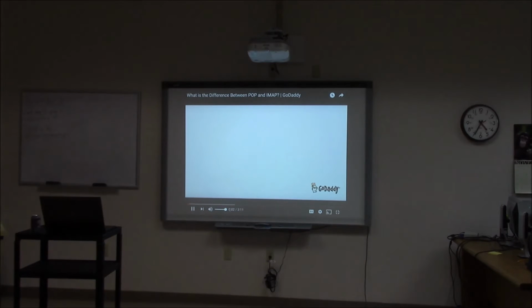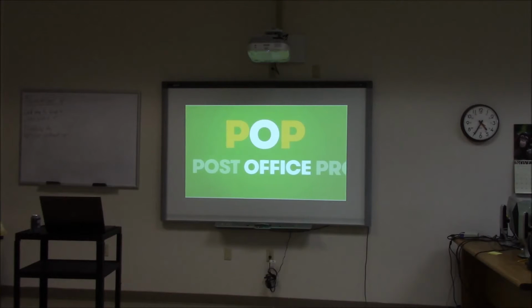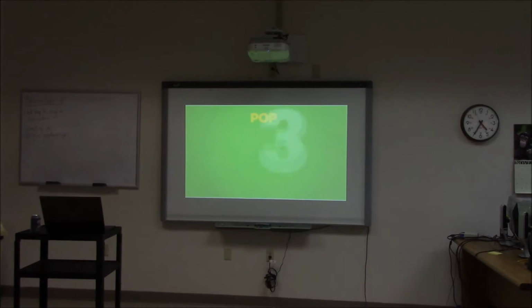Hi there. In this video, you'll learn the difference between the two most common incoming email protocols, POP and IMAP. POP, or Post Office Protocol, was created as a simplified way to download and delete messages on a remote email server. The latest version, POP 3, is supported by virtually all email clients and servers.